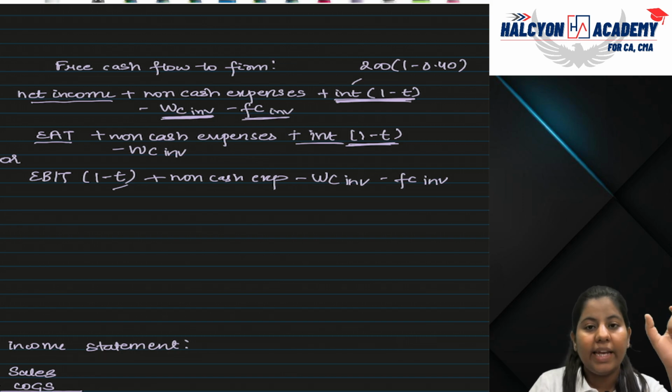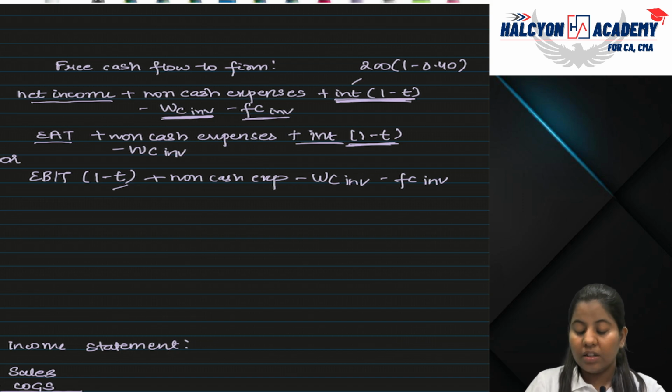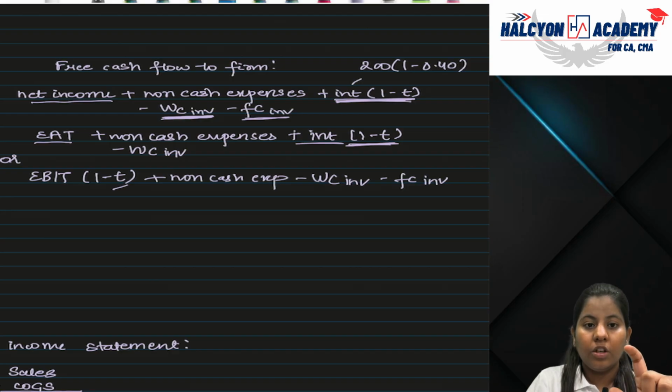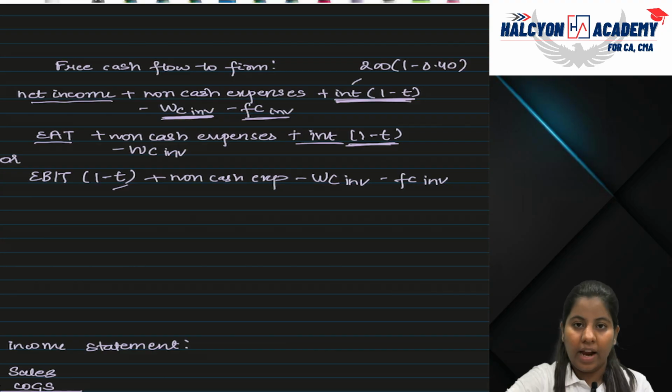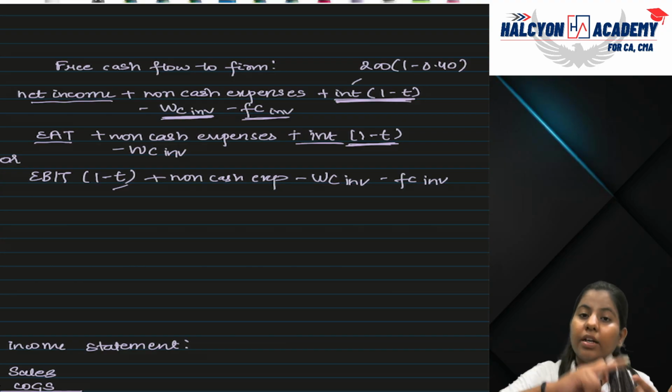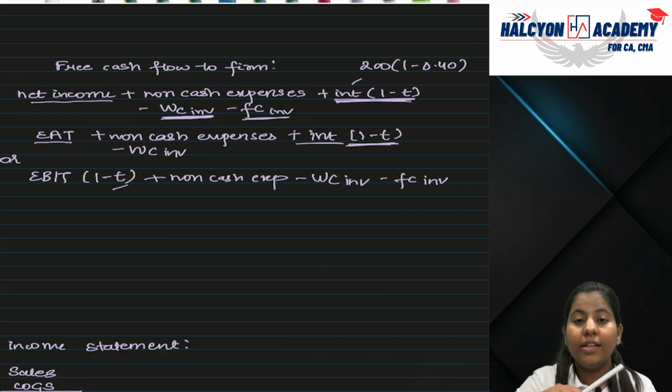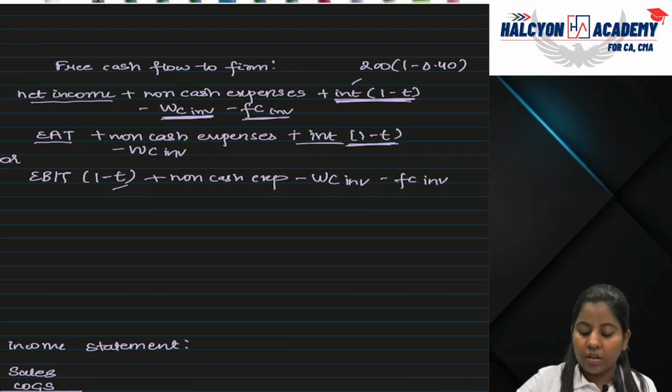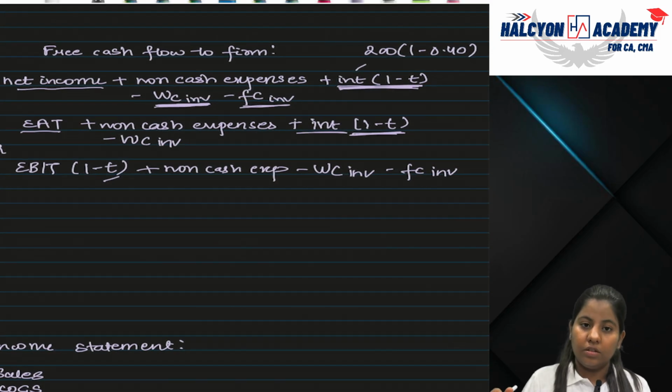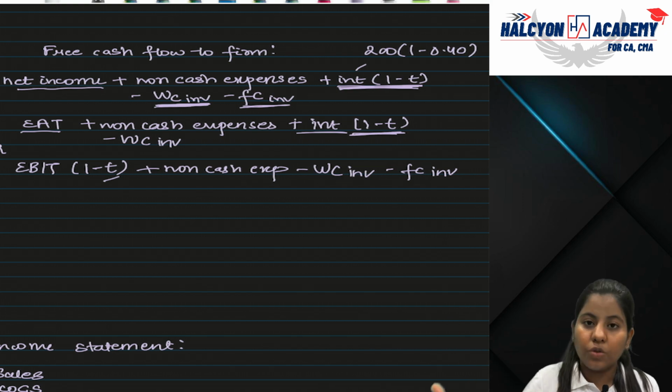We have to take EAT as net income, the final net profit, plus non-cash expenses. Because there is no real cash outflow, we have that money in our hand. Profit is deducted, that's right, but we still have that money. Plus interest, because we want to know how much is available for the debt holders also.